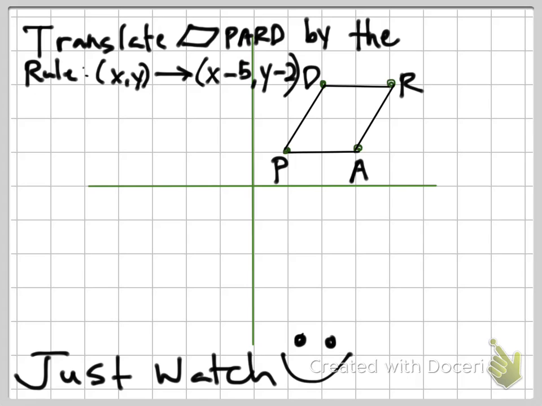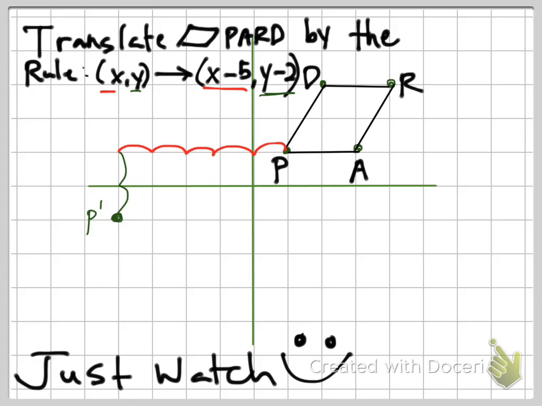This problem says to take whatever x is and slide it 5 to the left. So if I move point P 5 to the left, and then this little part says to take whatever y value you have and subtract 2. So you're going to move P to right here.